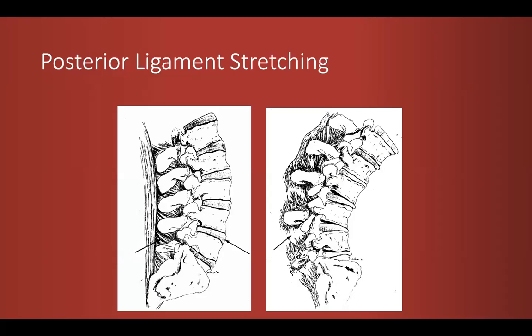So that posterior ligament, as you lean forward, can be stretched either gradually or suddenly. So when somebody bends over and goes to lift something and feels a pop, that pop is not the disc. That pop is that posterior ligament, the supraspinous and interspinous ligament.